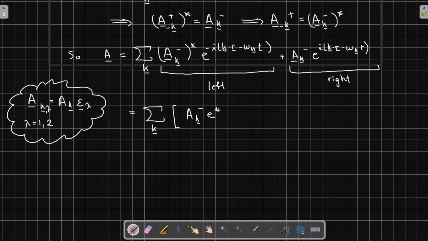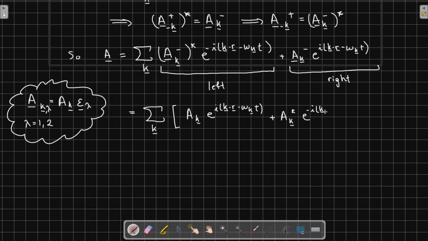A_k minus e to the i (k dot r minus omega_k t) plus a_k. Now, just for the sake of simplicity, I will drop this minus sign. I mean, it's not a minus sign, it's a minus symbol, because it's useless.